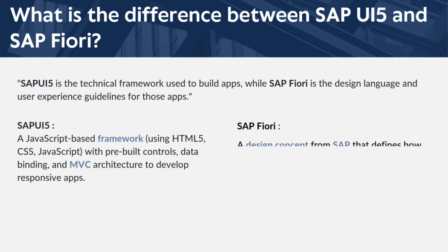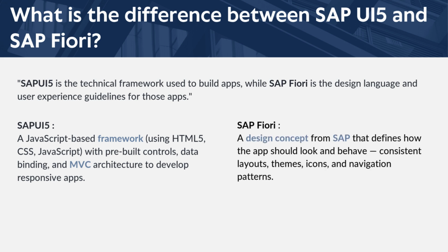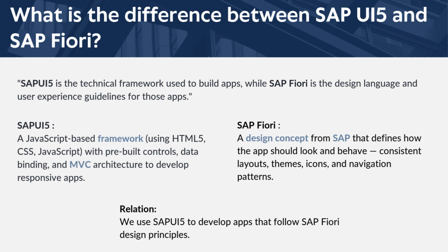And SAP Fiori is a design concept from SAP that defines how the app should look and behave: consistent layout, theme, icons, and navigation. So, in short, we use SAP UI5 to develop apps that follow SAP Fiori design principles.